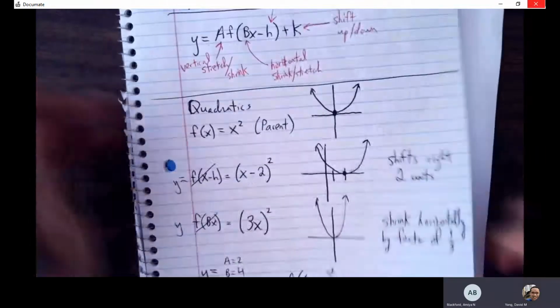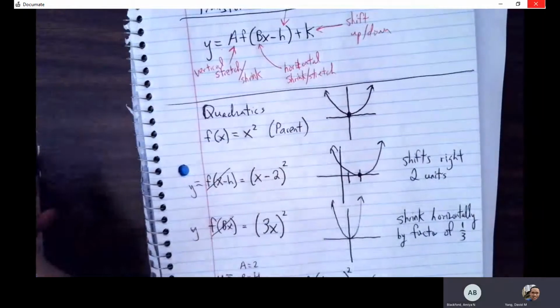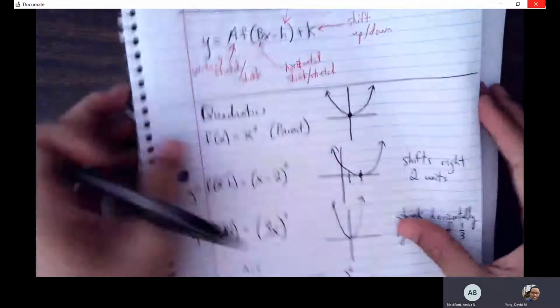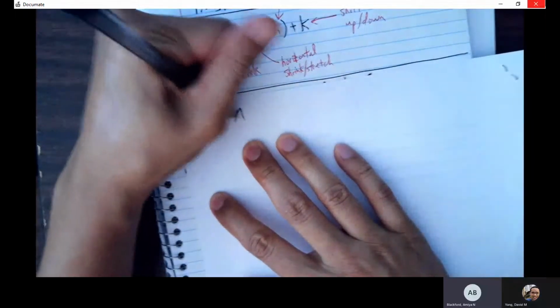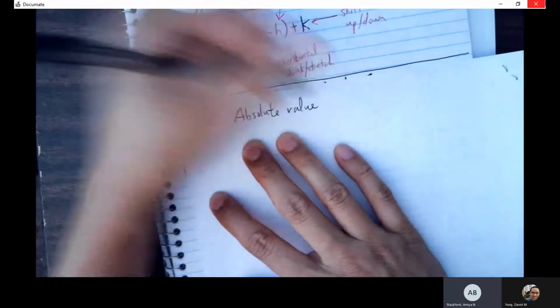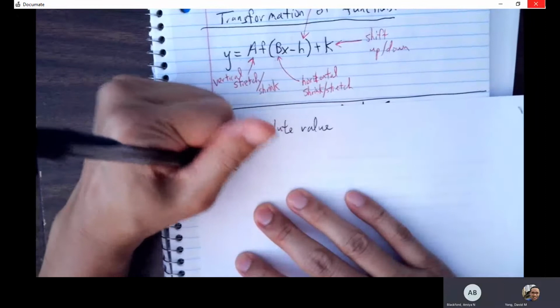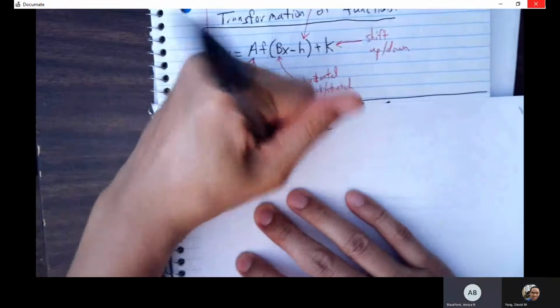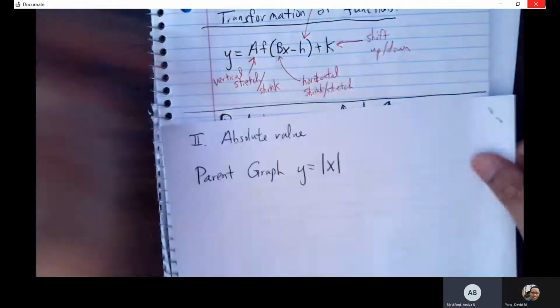Okay, so now for the absolute value function. We have a parent graph. Y is equal to absolute value of x, which looks like this.